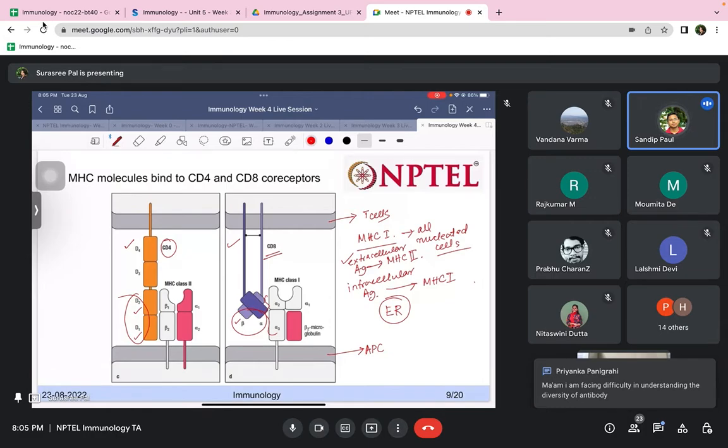Let me come back to my original question: the B cell receptor is not chopping the peptides of the pathogen, right? So now I know that B cells can be of two types: they can present MHC class 2, and they can also present Ig proteins on the surface.